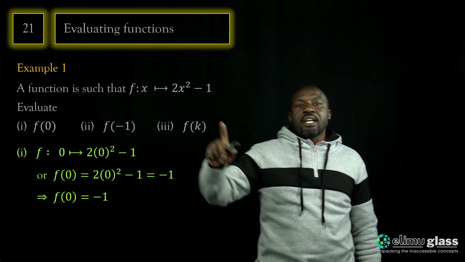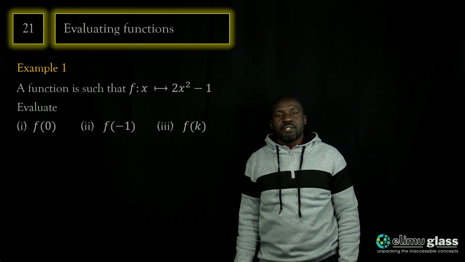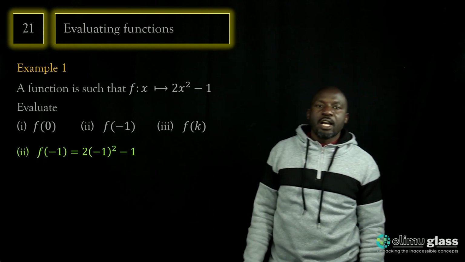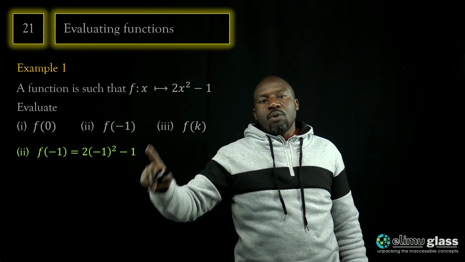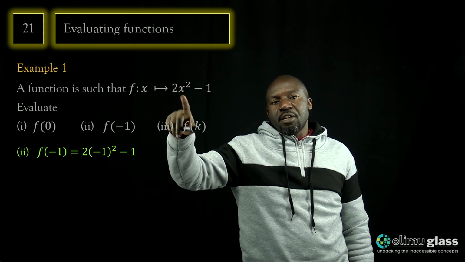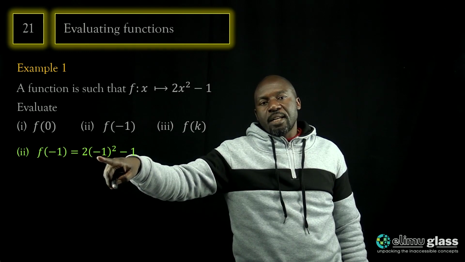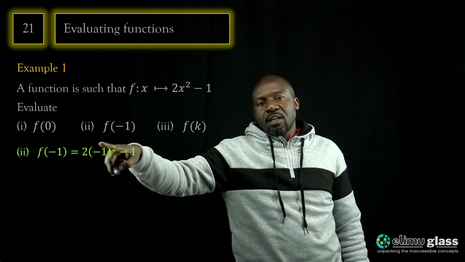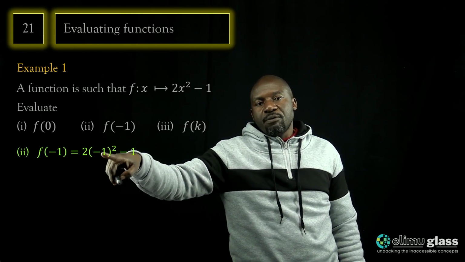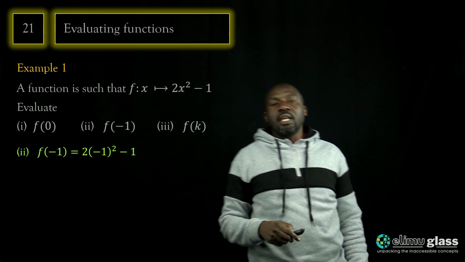What about f of x where x is negative 1? We do the same thing. Now I'll jump a step. All right, f of negative 1, we substitute negative 1 in there. Remember, negative 1 into brackets like that. So the square goes to the negative as well. Because the power is even, this whole thing becomes positive. Positive 1 times 2 is 2. 2 minus 1 is 1.